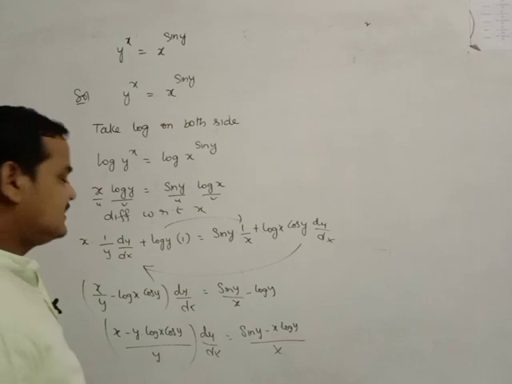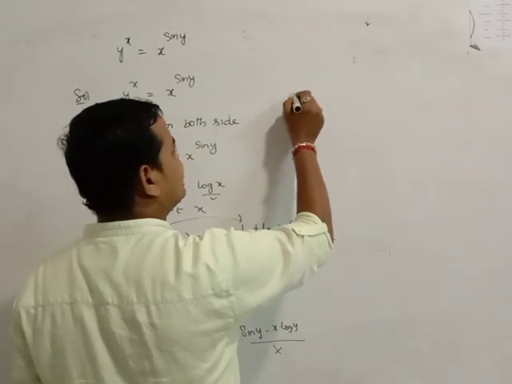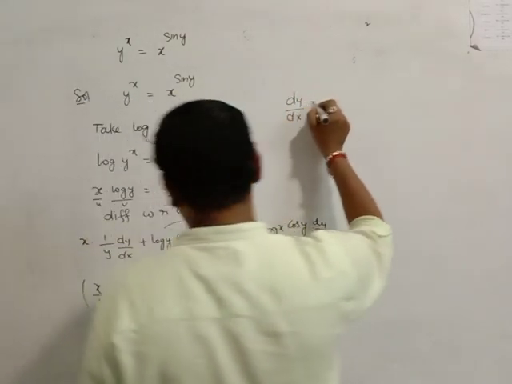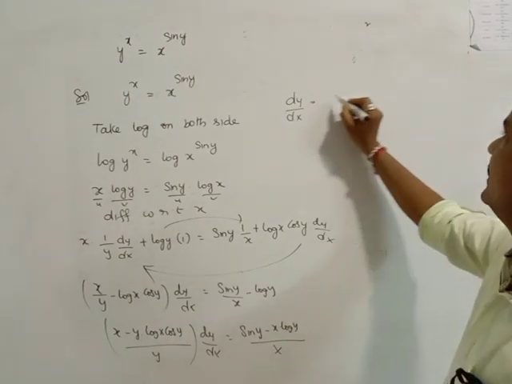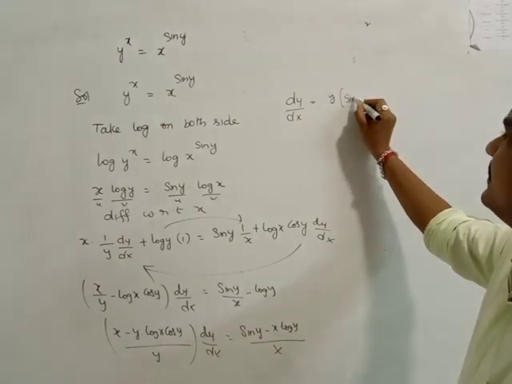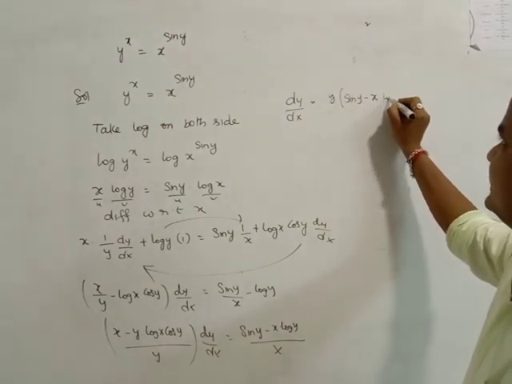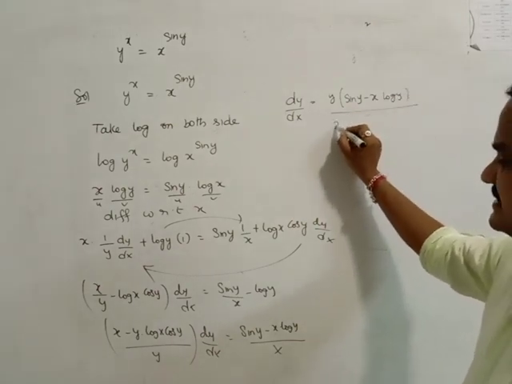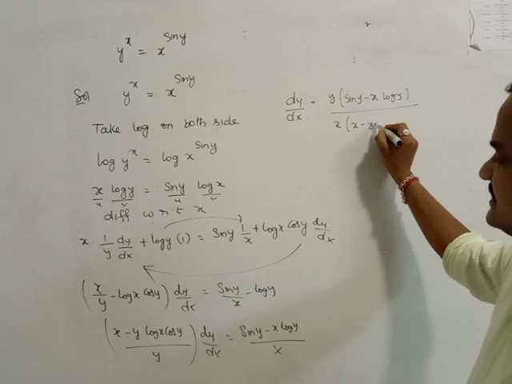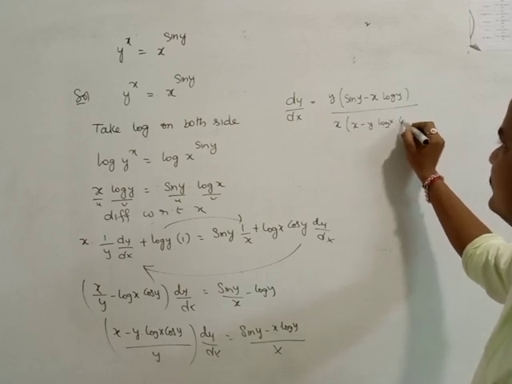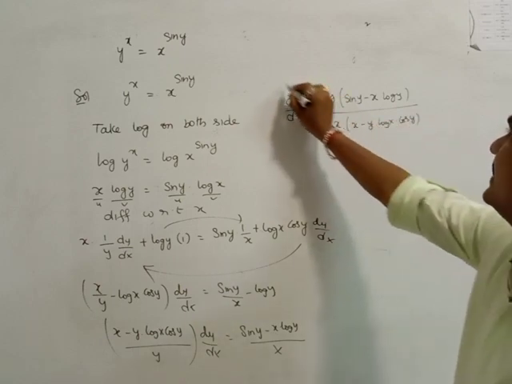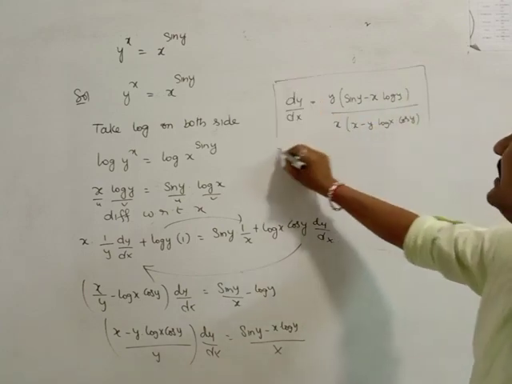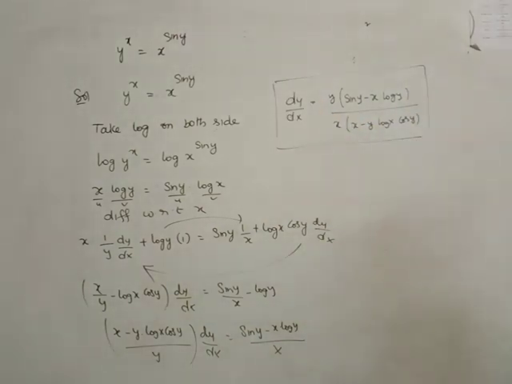Just go for the cross multiplication, that is the final answer. So dy by dx is equal to y into sin y minus x into log y, whole divided by x into x minus y into log x into cos y. Very easily you can get it. Very simple problem, the easiest problem, a very important problem.